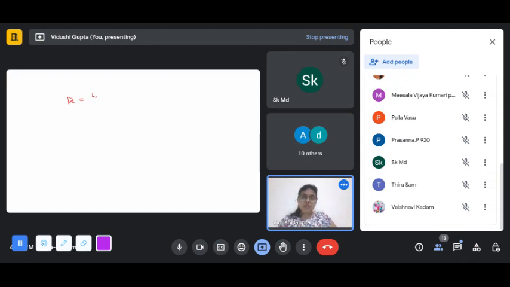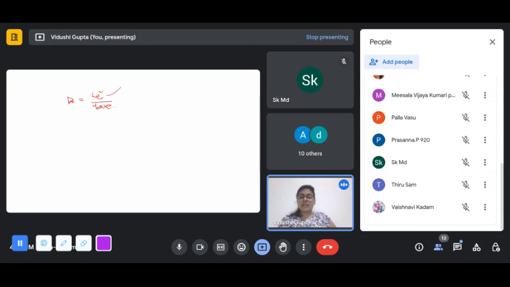It is omega e square divided by 4 omega e x e. So substitute the values here.